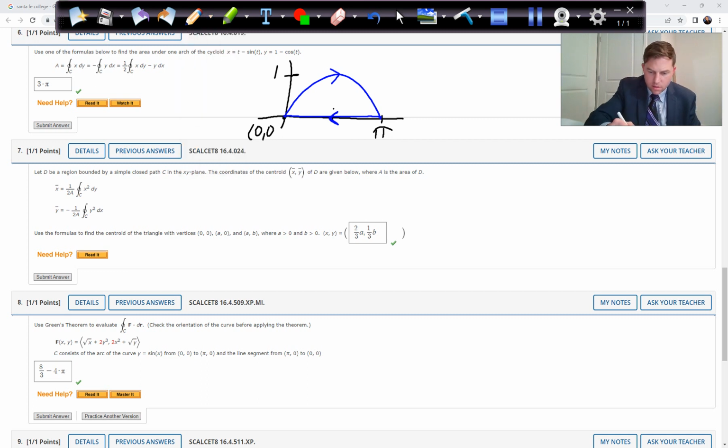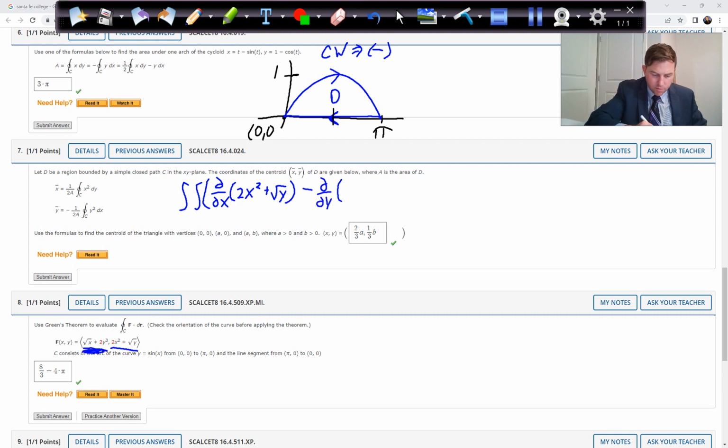Because we are going clockwise, this is going to pick up a minus sign. So we're going to have a minus sign when we do our double integral. Okay, let's see what our double integral would be. We have the double integral of the partial derivative with respect to x of the second component of the vector field, 2x squared plus root y, minus the partial derivative with respect to y of the first component of the vector field, root x plus 2y cubed.